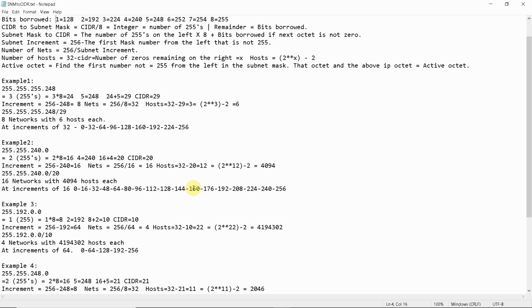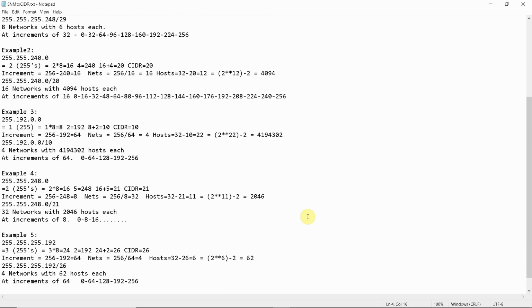The host we already talked about: 32 minus 20 would be 12. 2 to the 12 minus 2 is 4,094. There's your increment. You've got 16 networks with 4,094 hosts each, and here are the increments of 16. Lots of them there, just so you can see it.